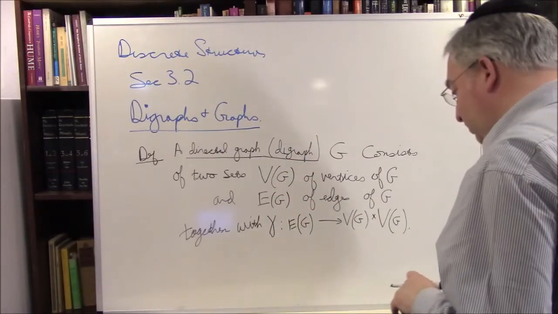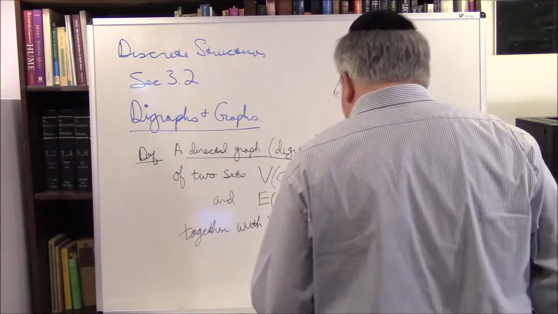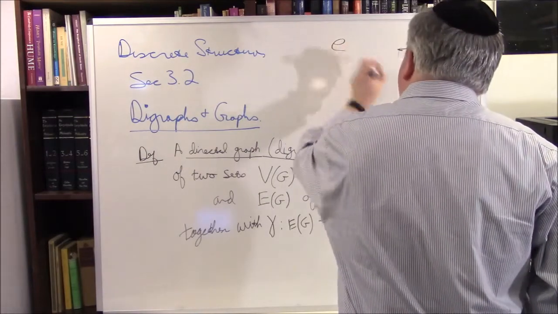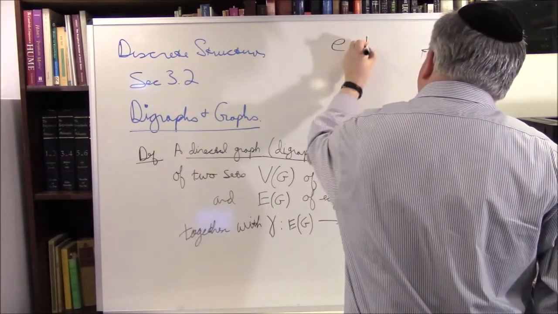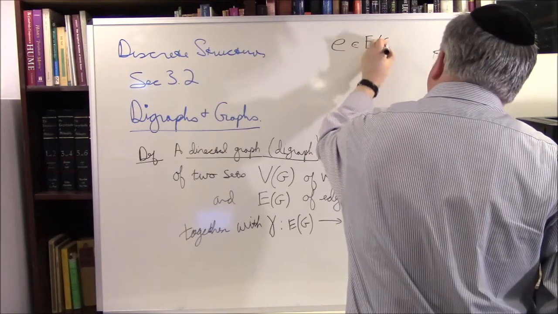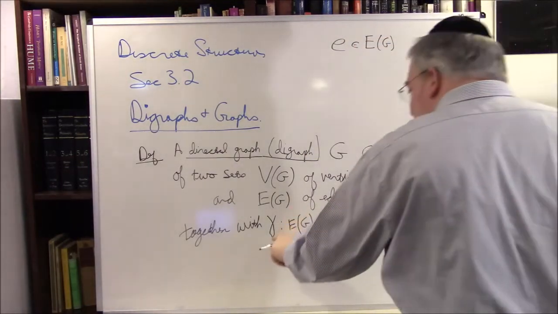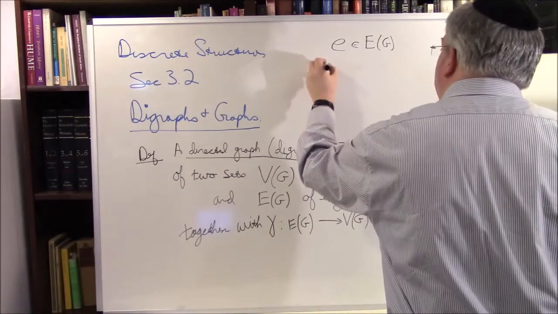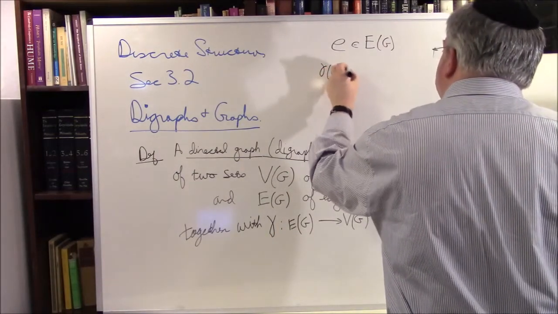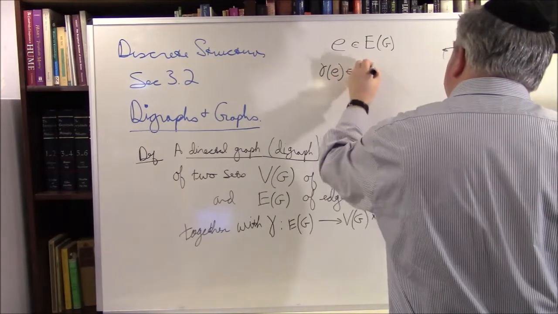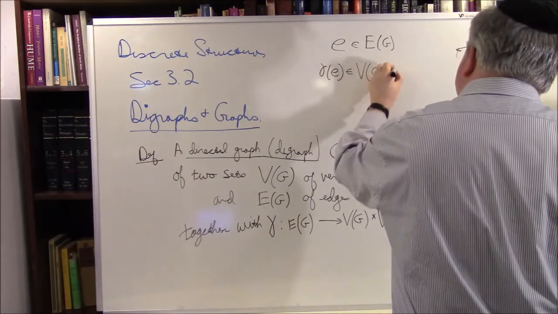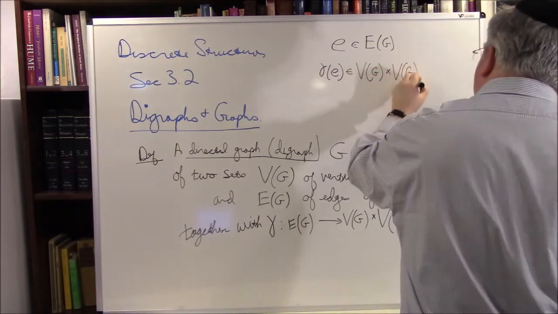Okay? Because it goes as follows. The way to think of it is as follows. You have e is a member of E of G. Okay? So that's e. Now, gamma, that's a Greek letter gamma. Gamma of e is a member of V of G cross V of G. That's what it does.